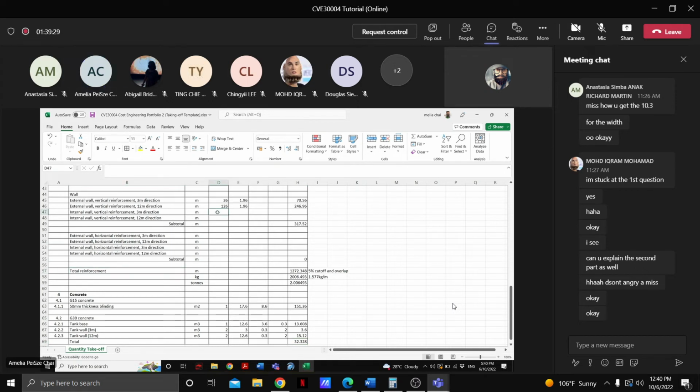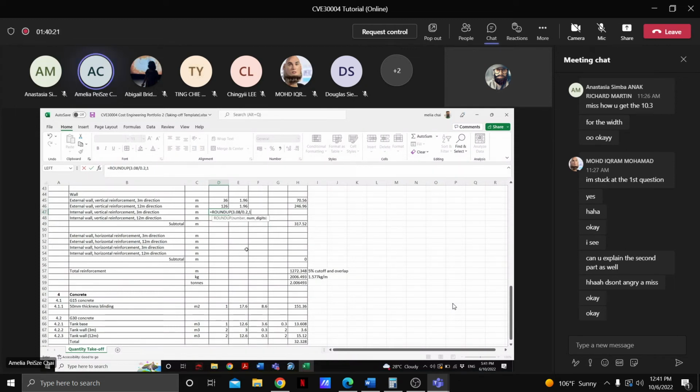This one, okay. Vertical internal wall. So the length, okay, here we have the same length, right? And this one we have the same numbers of bars. The internal length is 3.08. 3.08 divided by 0.2, round up.